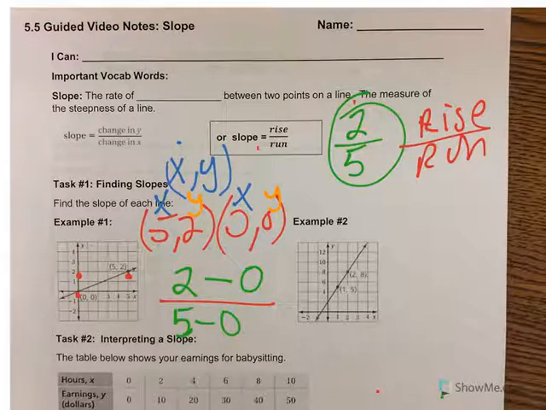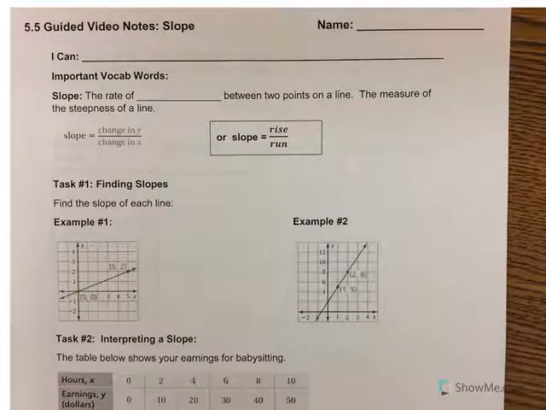It doesn't matter which order you subtract them in. So I subtracted 2 minus 0 on top. You could have it the other way around. You could have 0 minus 2. But if you do that, you need to make sure you're subtracting them in the same order.